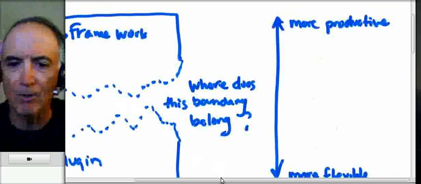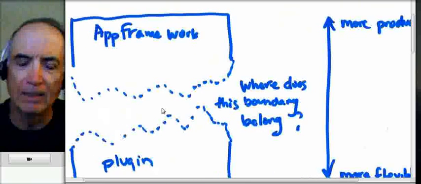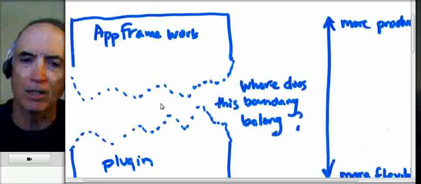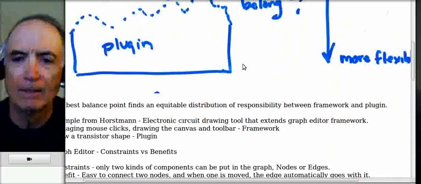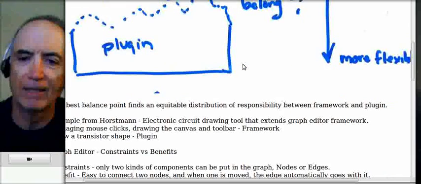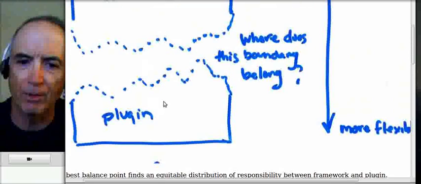So deciding where this boundary line goes is a crucial design decision that you have to make when you're designing your application framework. The goal is to find some ideal distribution of responsibilities between the framework and the plugin.